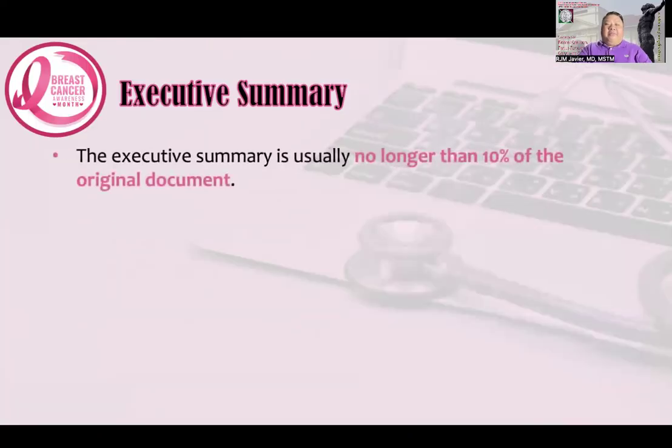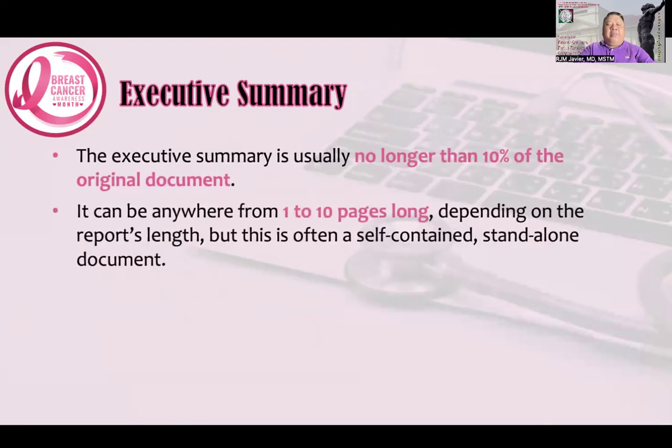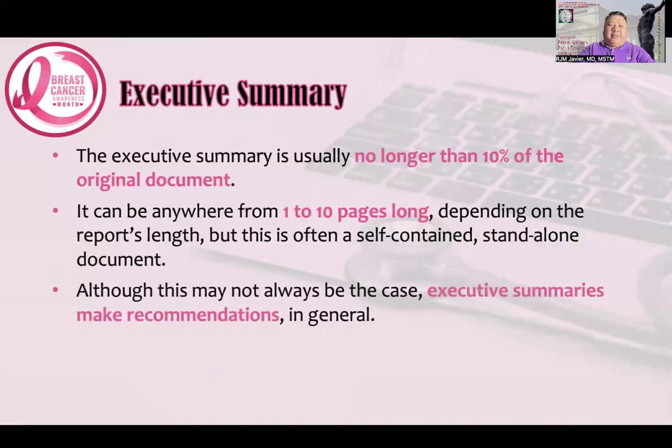So the executive summary is usually no longer than 10% of the original document. It can be anywhere from 1 to 10 pages long, depending on the report's length, but this is often a self-contained standalone document. Although this may not always be the case, executive summaries can generate recommendations as well.